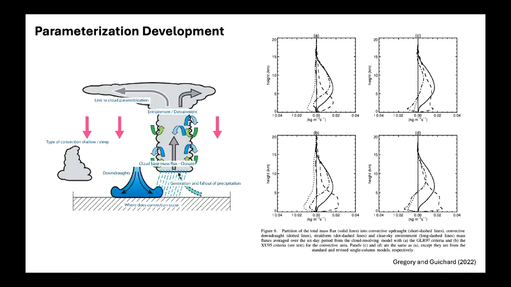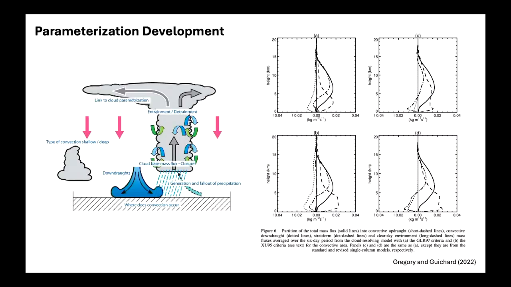So another common area is to use them as a test bed for developing and validating our parameterization, in particular the convection parameterization used for large-scale models. Here I'm just showing you once again a study where the researchers ran many cloud resolving simulations to derive a quantity called the mass flux, and that's a really important quantity used in the convection parameterization that describes the vertical transport of the mass.